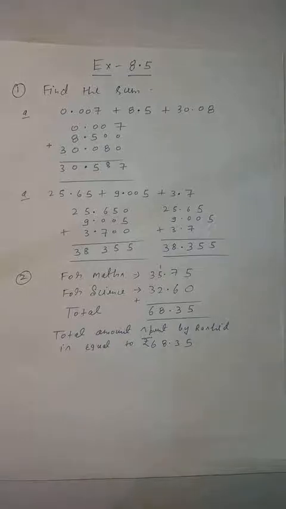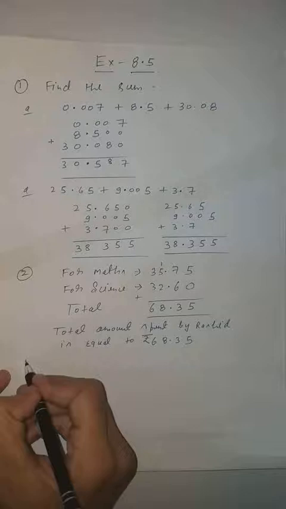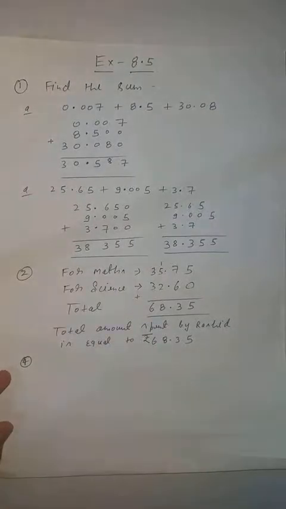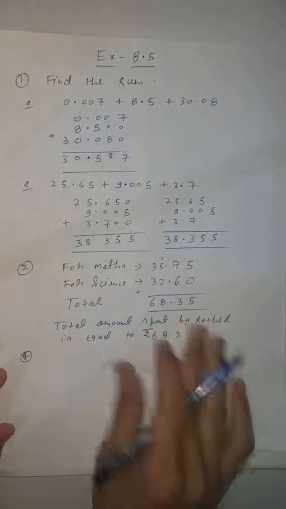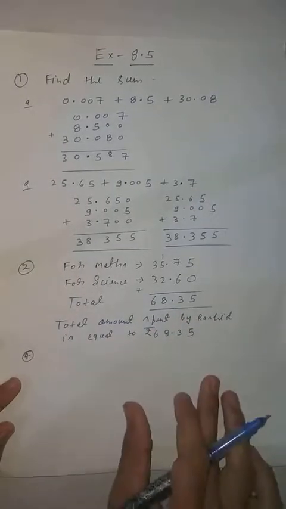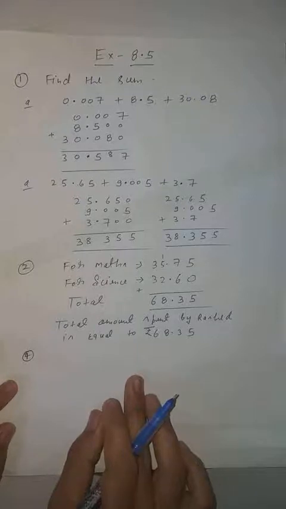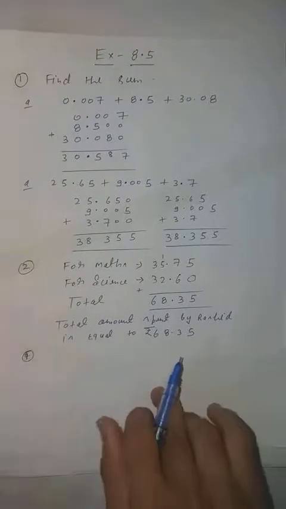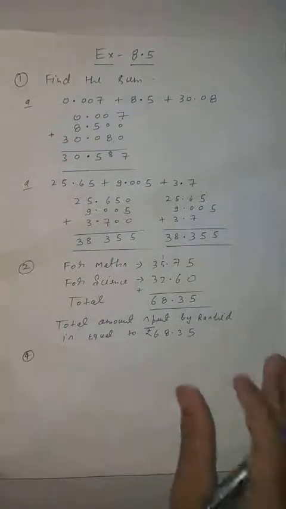Next question is given. I am going to do question number 4. Clear student? What is given in question number 4, student? Nasreen bought 3 meter 20 centimeter cloth for a shirt and 2 meter 5 centimeter cloth for trousers. Clear student?